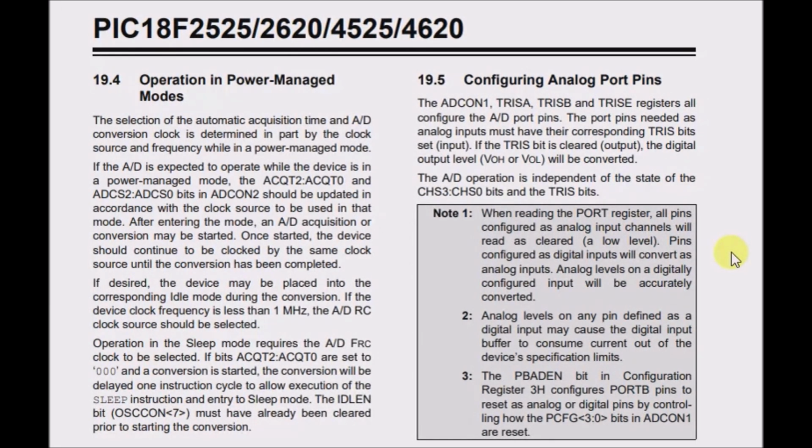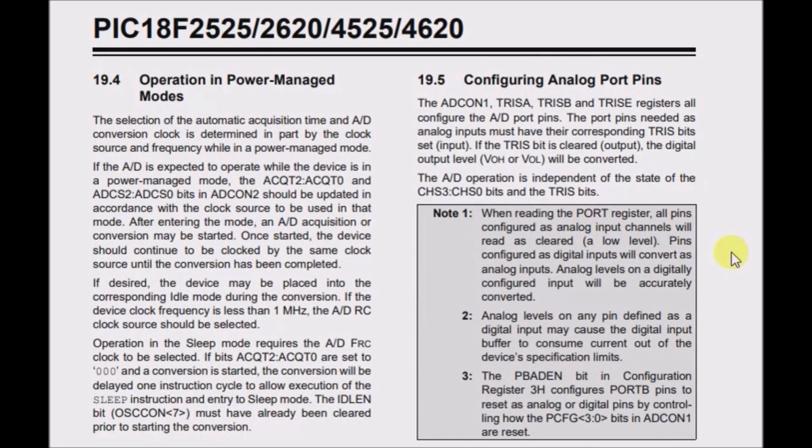Operation in the sleep mode requires the AD/FRC clock to be selected. If bits ACQT2 to T0 are set to 000 and a conversion is started, the conversion will be delayed one instruction cycle to allow execution of the sleep instruction and entry to sleep mode.